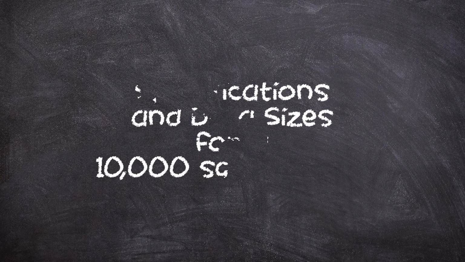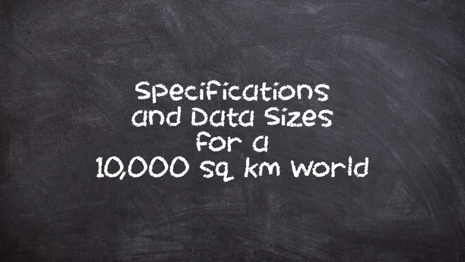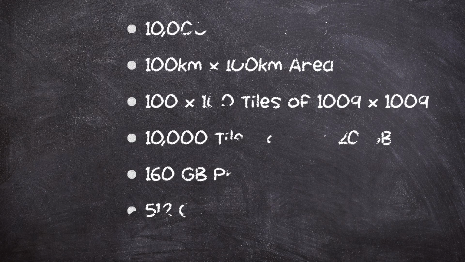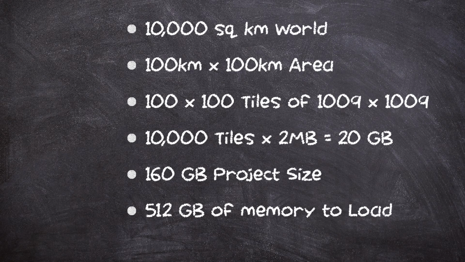For a 10,000 square kilometer world, the terrain would be 100 kilometers by 100 kilometers. The Unreal Editor project size on disk would be at least 8 times larger than this tile height map size, at around 160 gigabytes in size. A computer with at least 256 gigabytes to 512 gigabytes of memory would be required to load all of the levels.